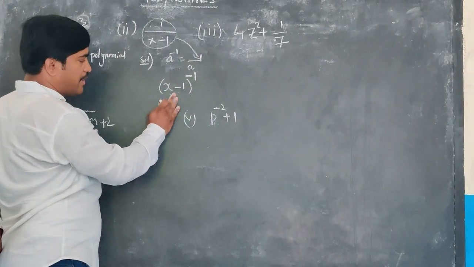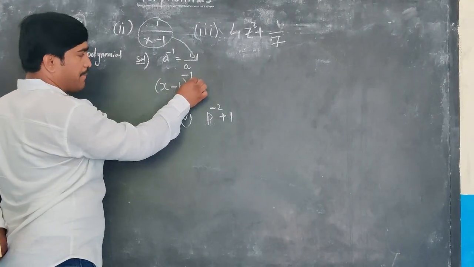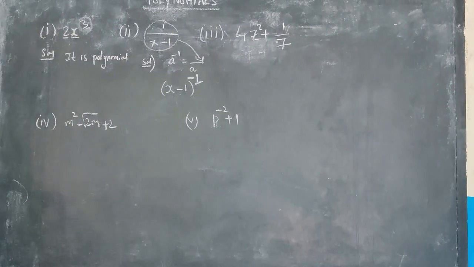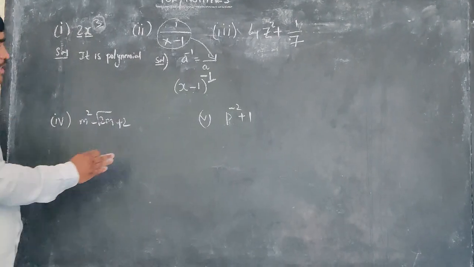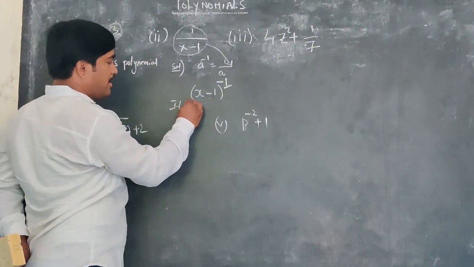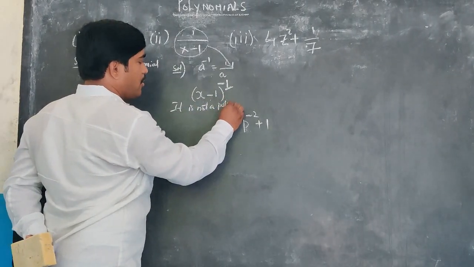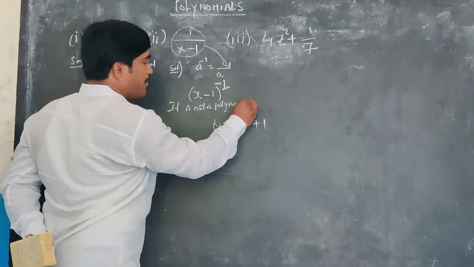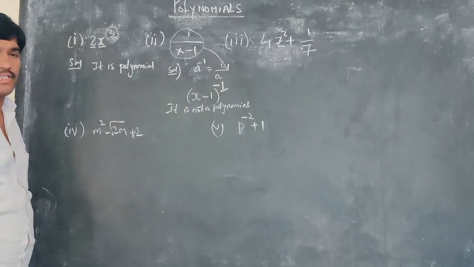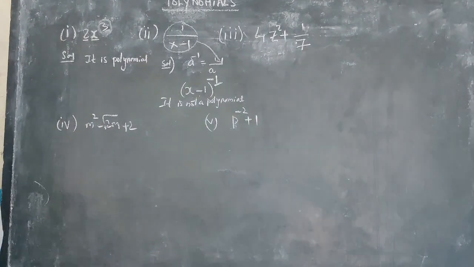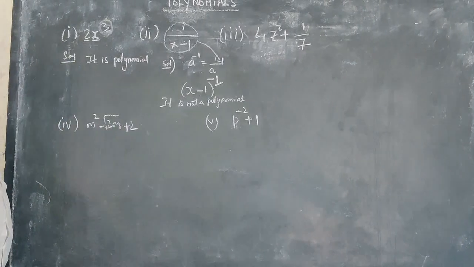Now if you observe, the power is negative. So it is not a polynomial. Why is it not a polynomial? Because it has a negative power on a variable.